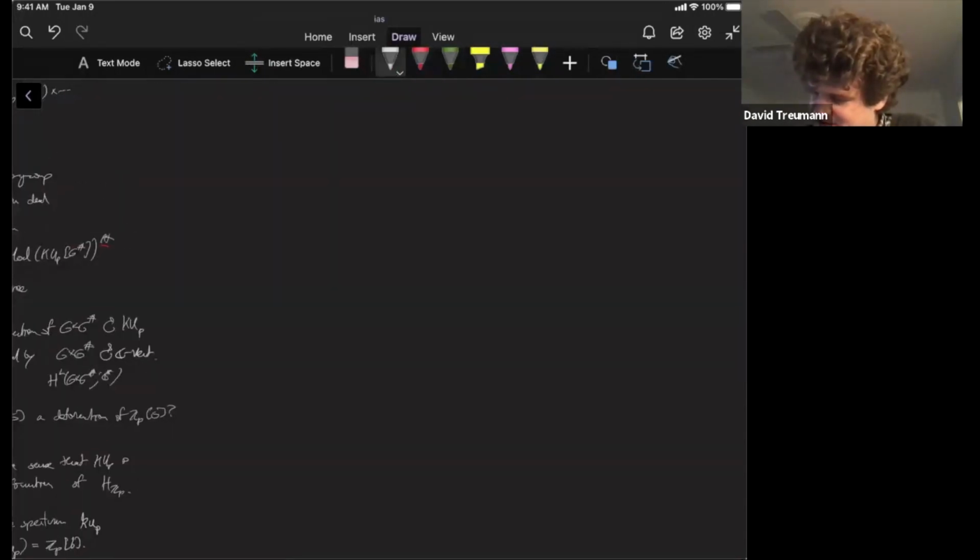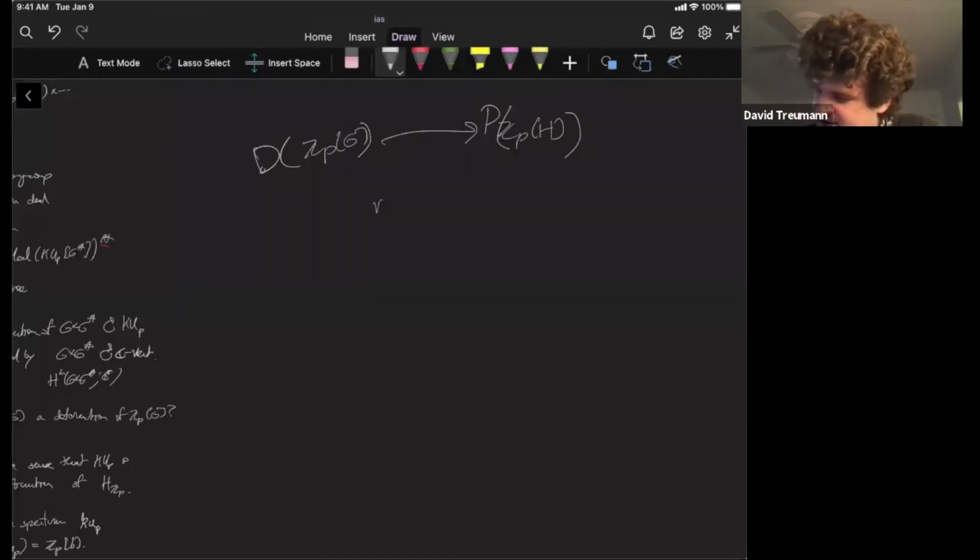right? So you want to get from ZpG to ZpH, connect some blocks between these guys, and sometimes there's a functor from here to here. It's represented from the derived category of here to the derived category of here, and it's represented by a two-term complex which has the form of G times H modules.